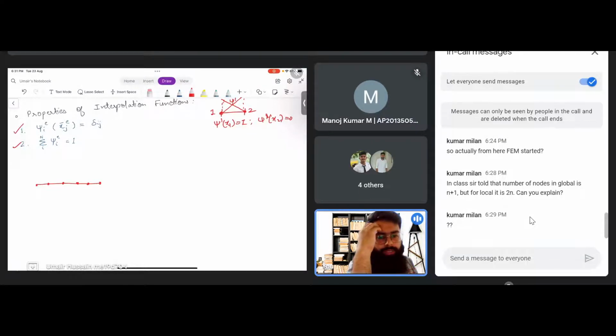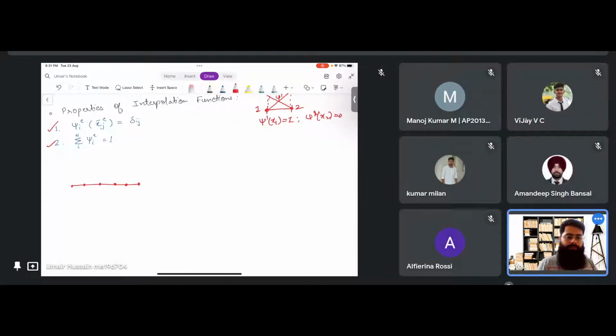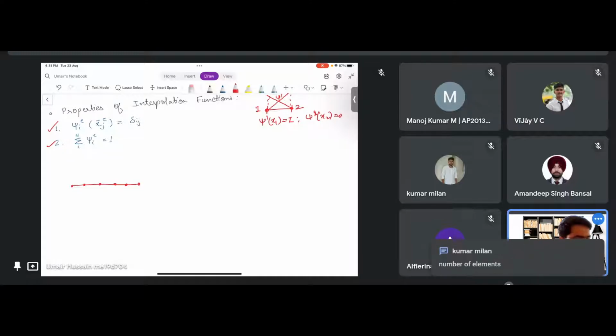Can you tell me what n stands for here? Do you remember? Number of elements.